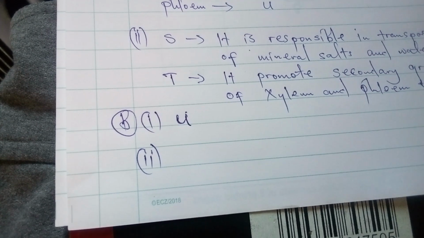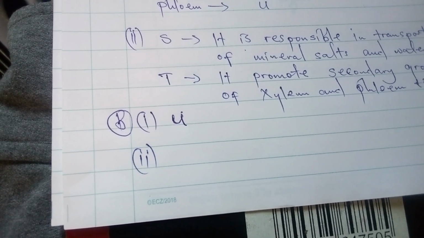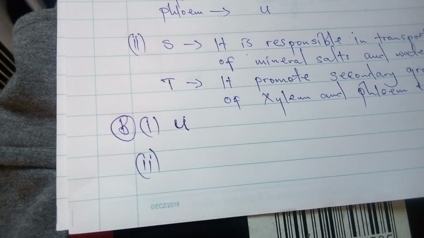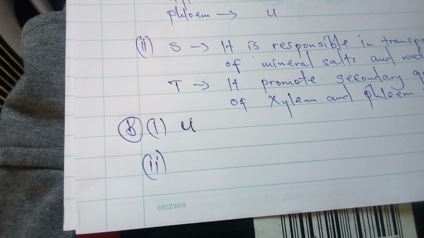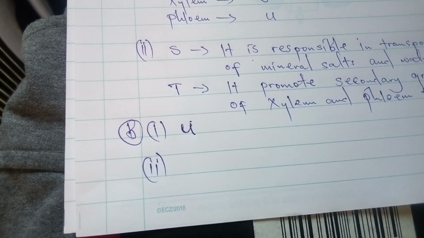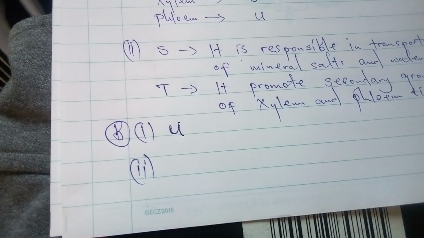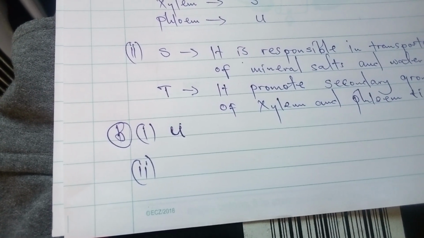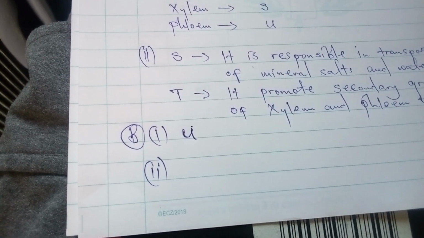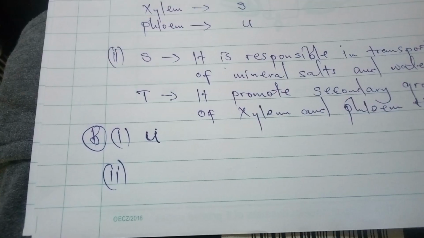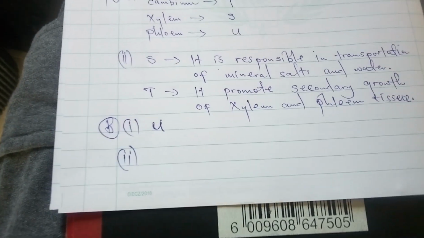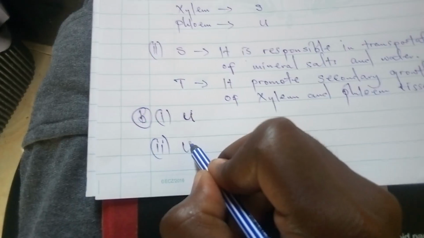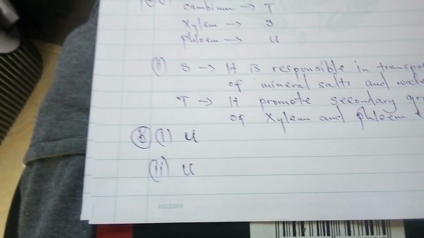And then the last one, they said which letter in figure 4.0 corresponds to the structure in which substances can either move up or down. That is the same letter labeled U, that is phloem, the one that is responsible.